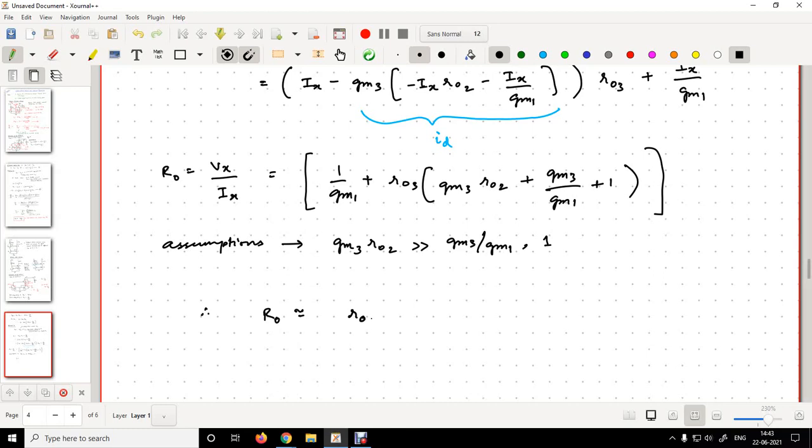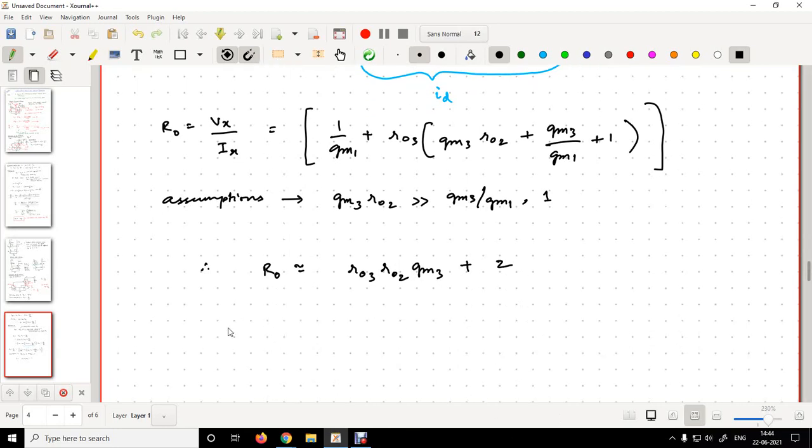Therefore R naught you should get as R03 R02 Gm3 plus 2. So R naught is finally Gm3 R03 times R02.